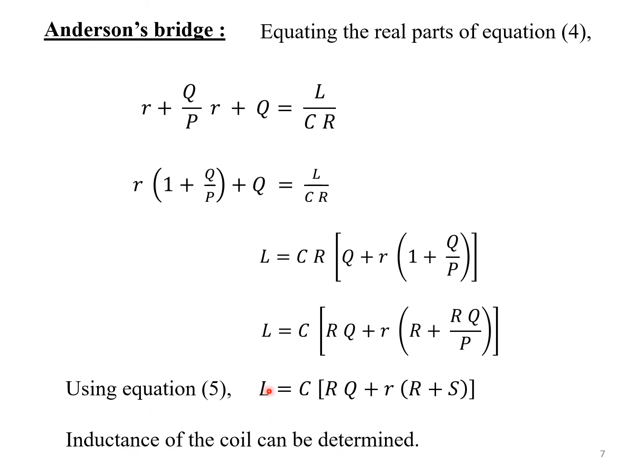If we know the numerical value of L, then this particular equation can also be used for the measurement of C, and this is one of the experiments in the next semester for the final year BSc.